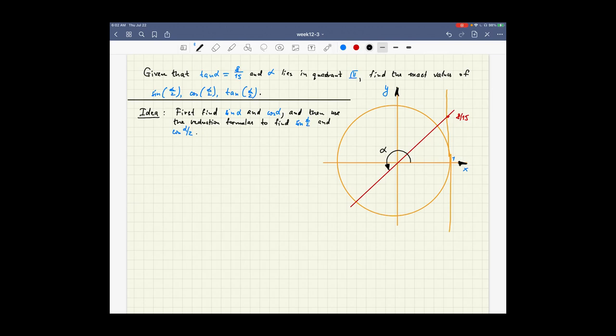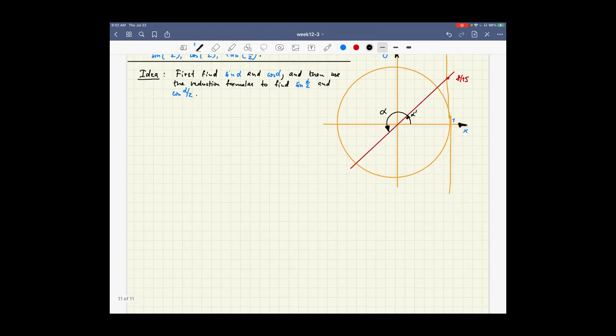So we have here the tangent of alpha equals 8/15. Let this angle be alpha prime. And of course, the connection between them is that alpha equals alpha prime plus pi.